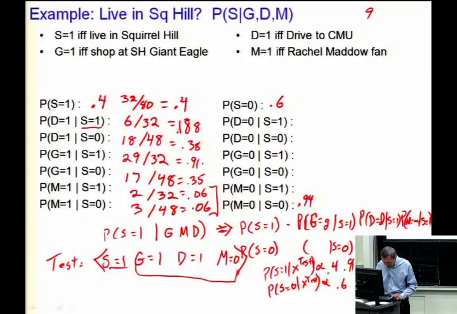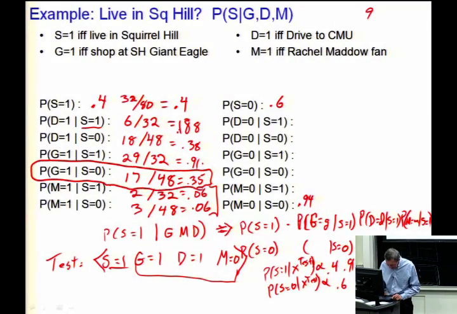You told me for S equals 0, the probability of G being 1 was, you lied. It's 0.35. G equals 1 given. See what I mean? See what I'm doing here? His values haven't changed. It's still G equals 1, but now we're conditioning it on not living in Squirrel Hill. And that's 0.35. You still need probability S equals 0.